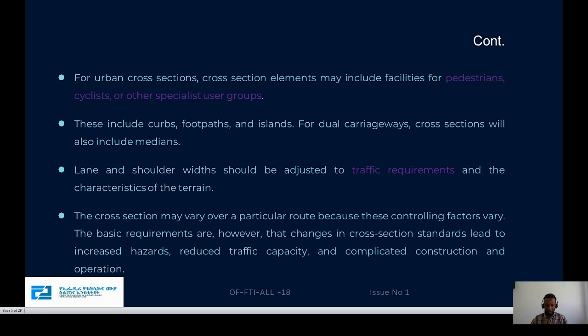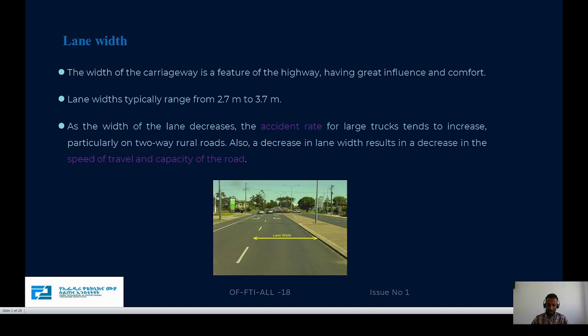The first one is increasing hazards: if the cross section changes or narrows, hazards will increase, and decreasing the cross section will also affect the traffic capacity, and complicate construction and operations. The requirements are related to the cross section.